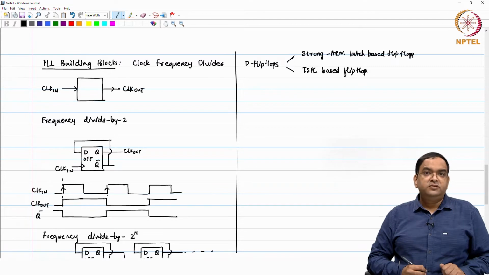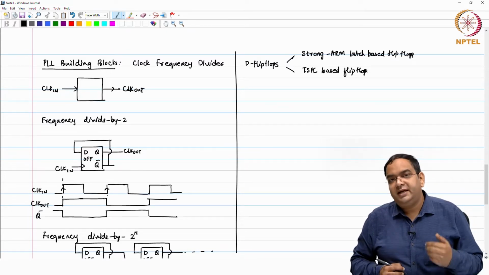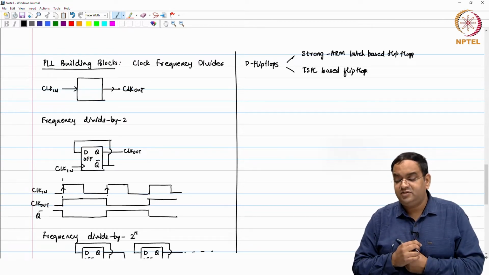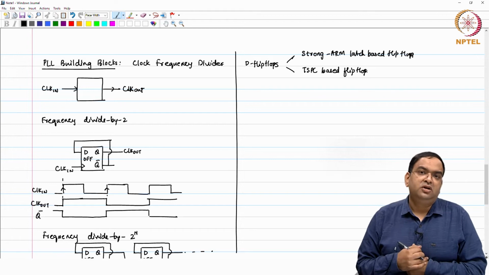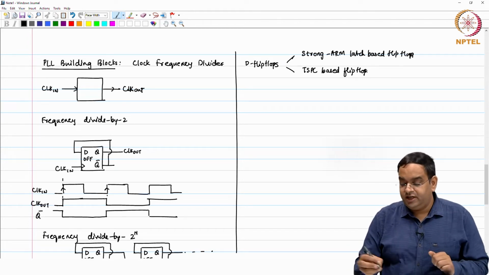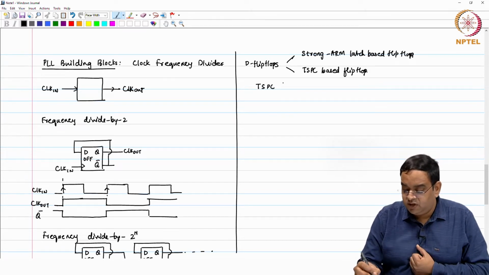TSPC based flip flop has a lesser power consumption in general as compared to strong arm latch based flip flop, and it is also quite fast, it can operate at a higher frequency. So, let us look at this TSPC based flip flop.